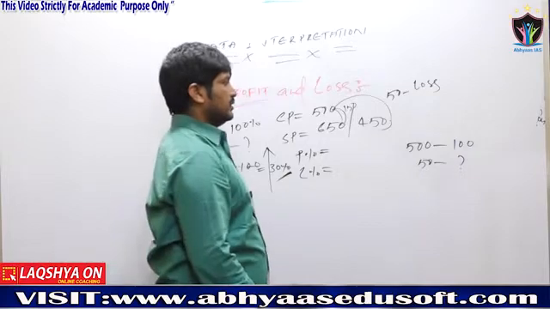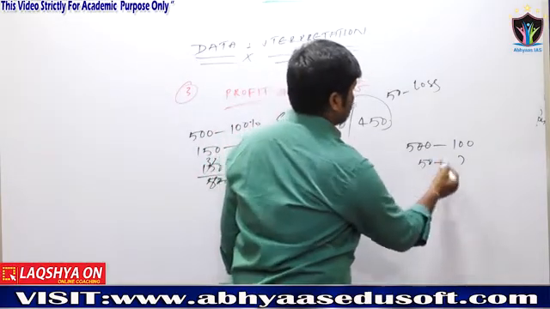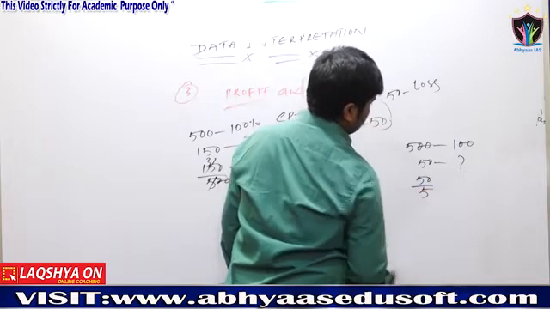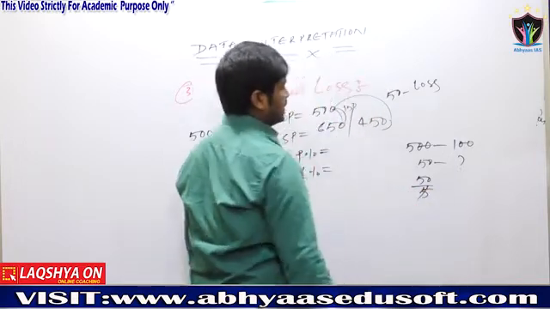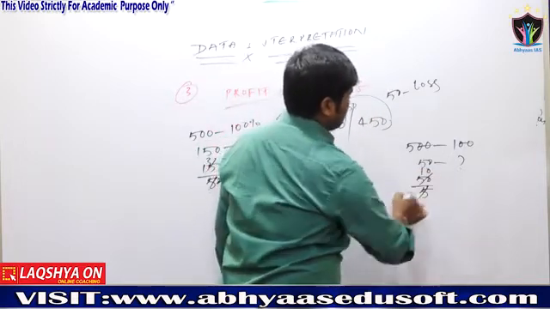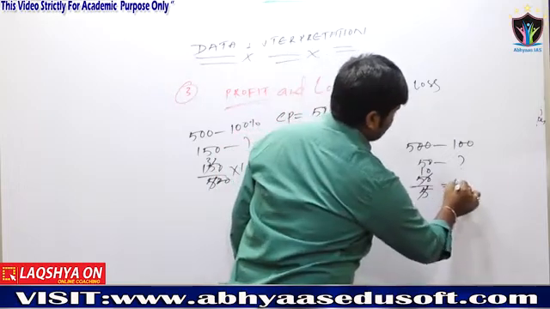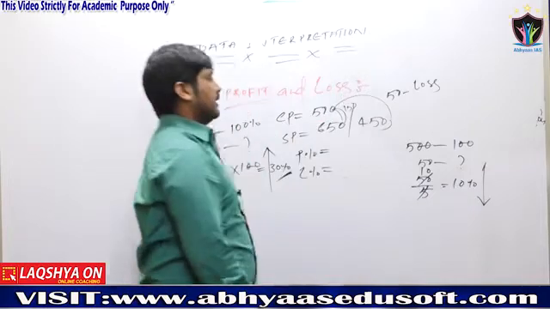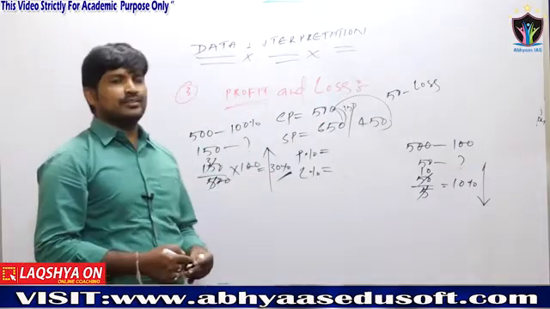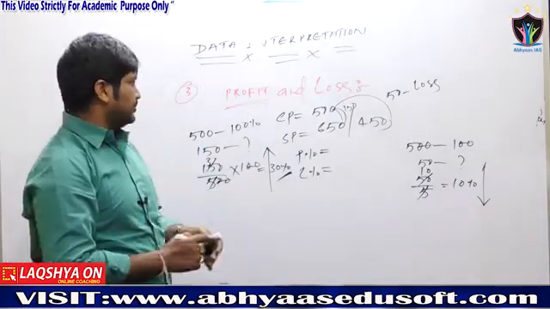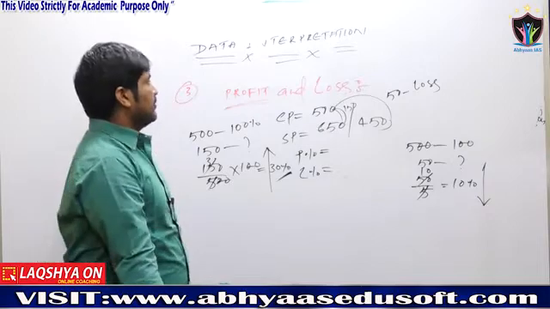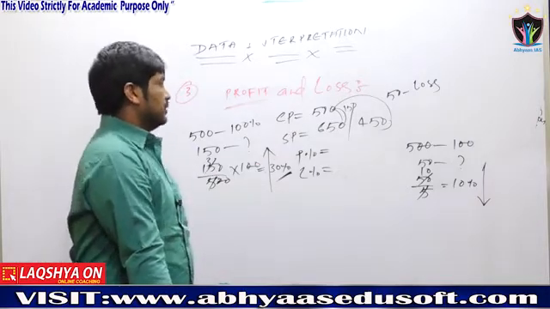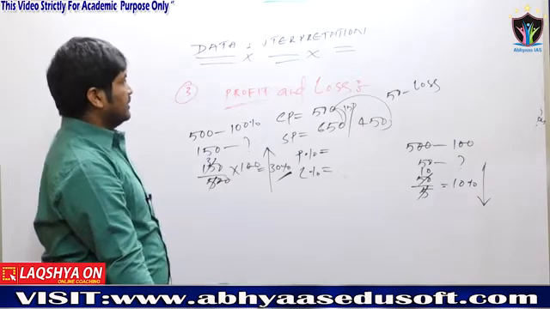Friends, directly we can do it here also. 50 by 5, so 5 10s are 50. Finally we are getting 10%, which means 10% is loss. Always, to find either profit or loss, we have to do it in such a style, right friends?